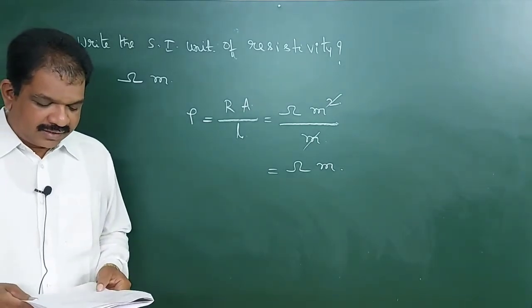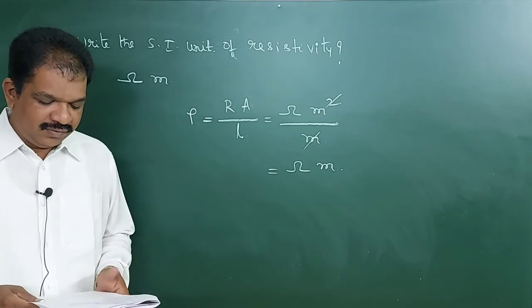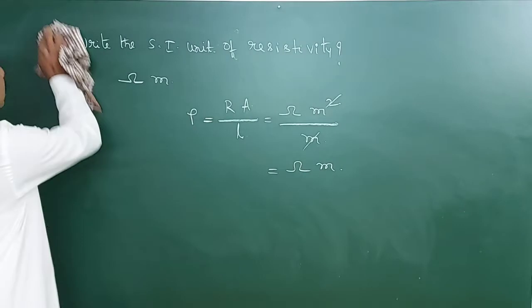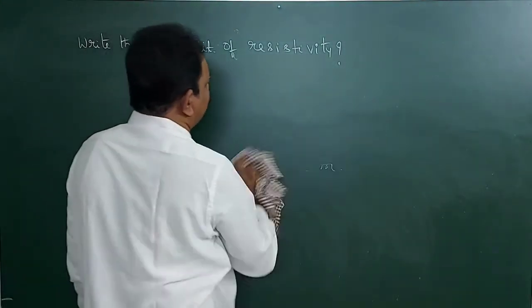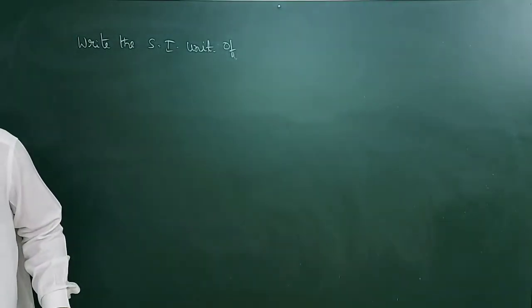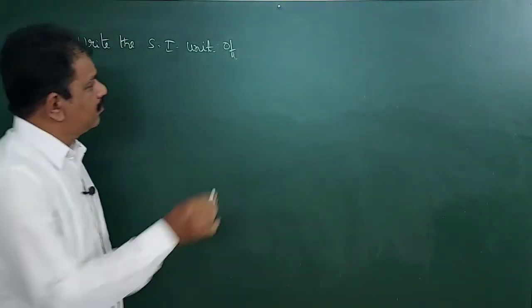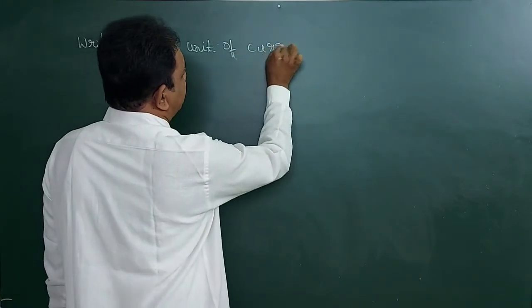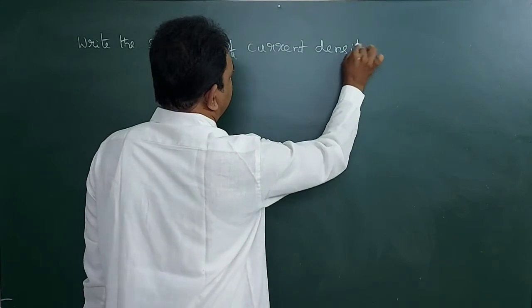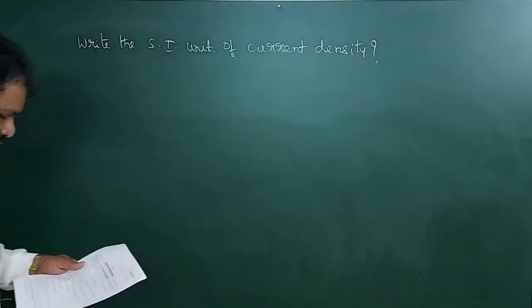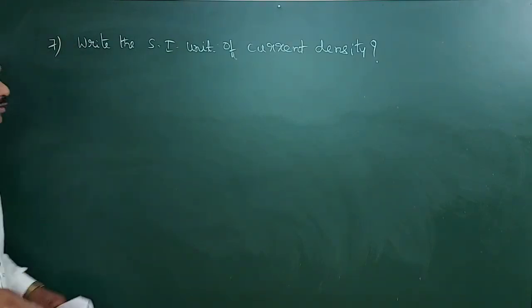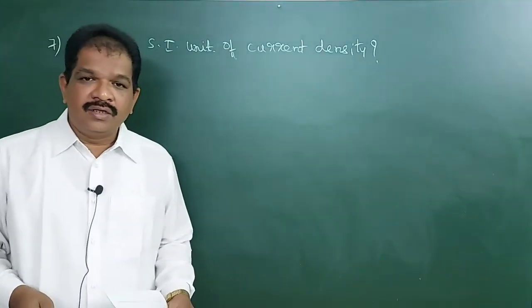Clear? Next, name the SI unit of current density. 7th question. Current density formula is what?